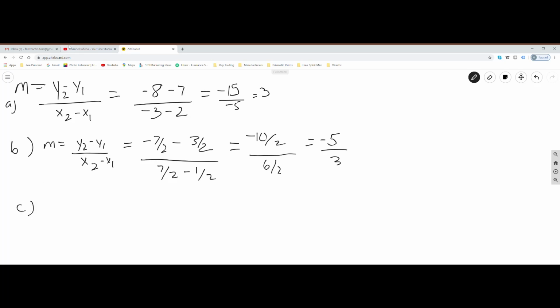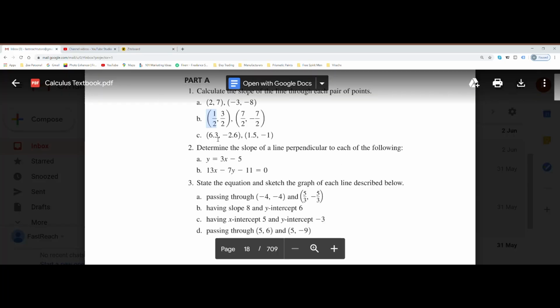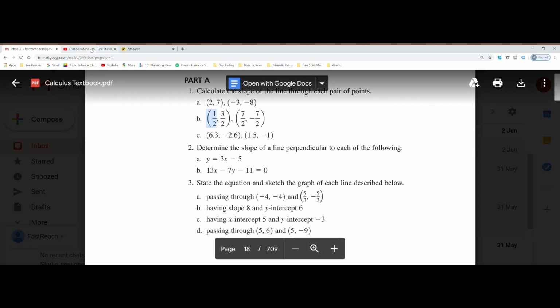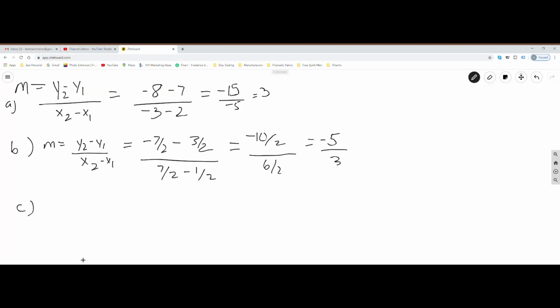Let's look at C. So C is (6.3, negative 2.6), and the next one is (1.5, negative 1). Let's do that one.